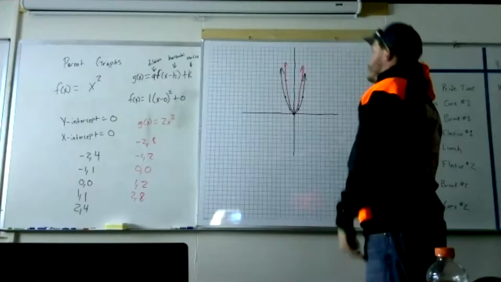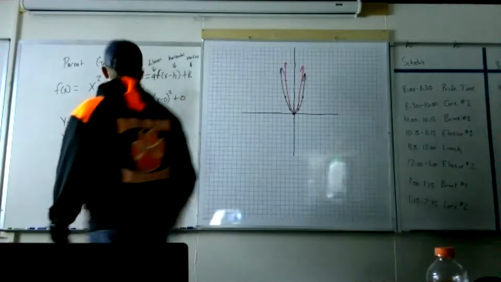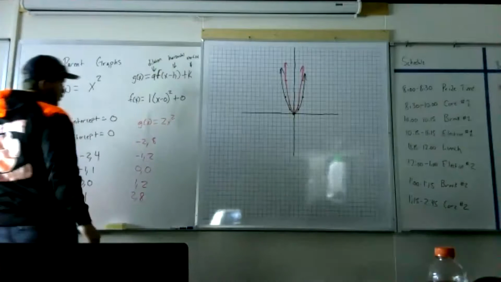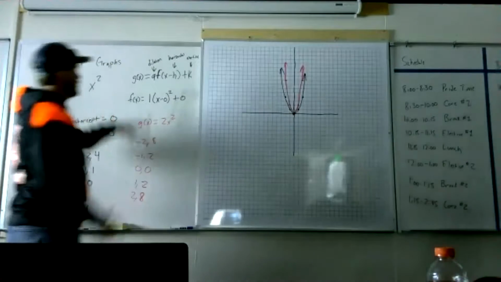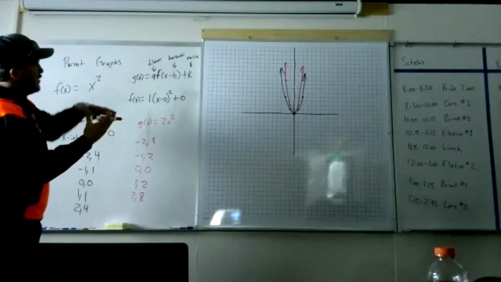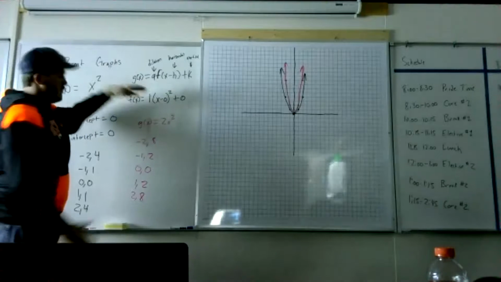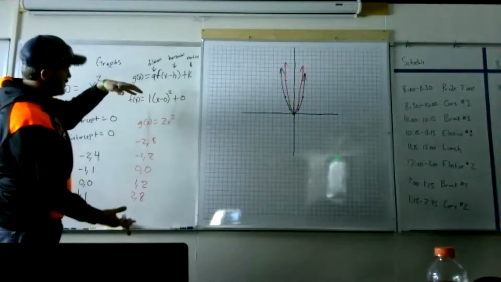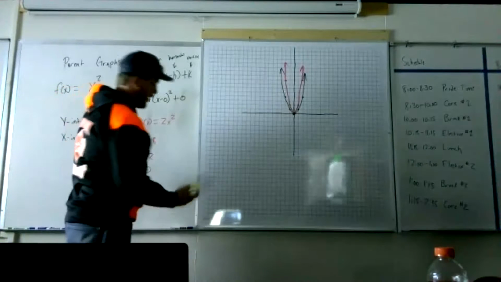You might ask yourself, what happens if the absolute value of A is less than 1? Okay, that compresses the graph. So this A value, if the absolute value is greater than 1, it stretches it. If it's between 0 and 1, or a decimal or a fraction, it's going to compress it. And that's true for all of your graphs.